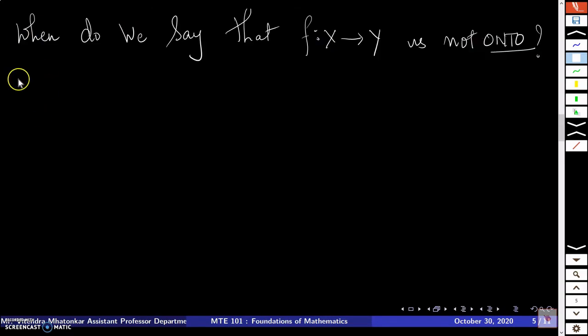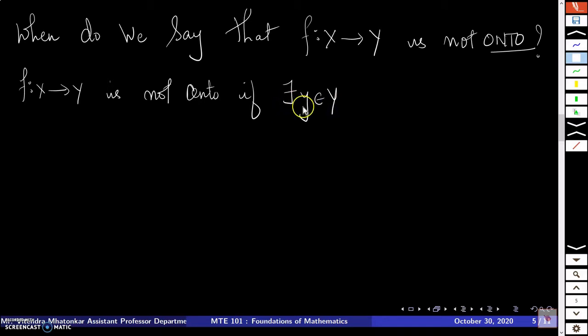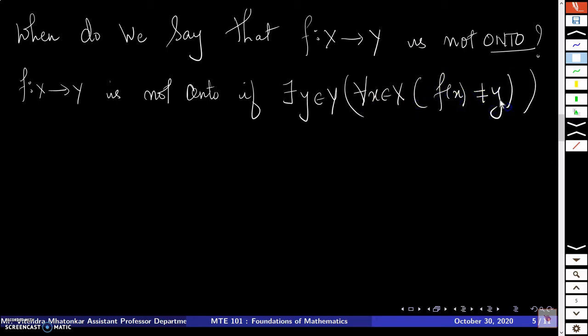So a function f from X to Y is not onto, or you can say not surjective, if there exists at least one y in Y such that no matter which x in X you pick, no matter which point in the domain you pick, f of x will not be equal to y. So you should find one point in the codomain which does not have a pre-image. If you're able to do that, then you can say that the given function is not onto.